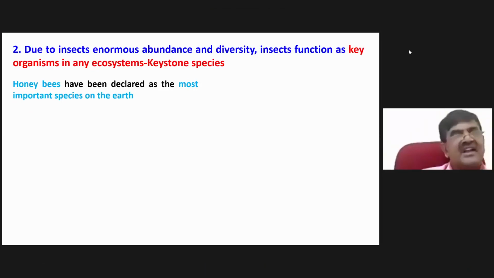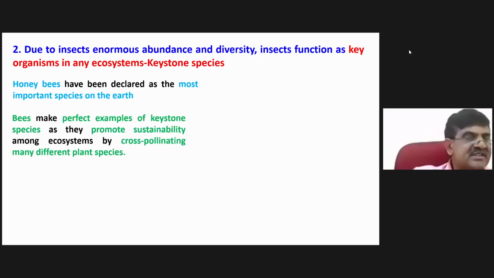Among the insects, honeybees form important keystone species. For example, honeybees have been declared as the most important species on the earth surface. Especially they promote sustainability among ecosystems by cross-pollinating many different plant species.